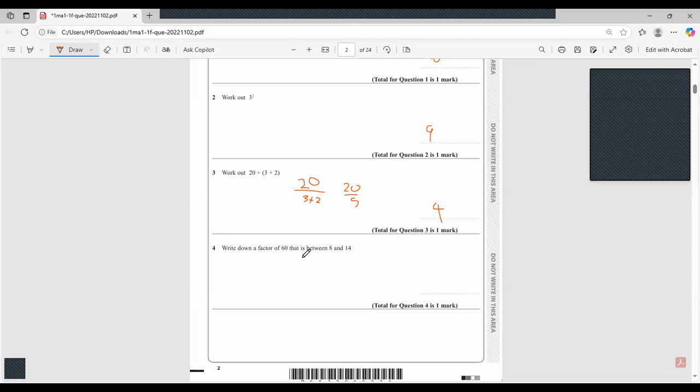Okay. Yes, 5 times 12. Correct. So 12 is the number we're looking for because 12 can be found between 8 and 14.